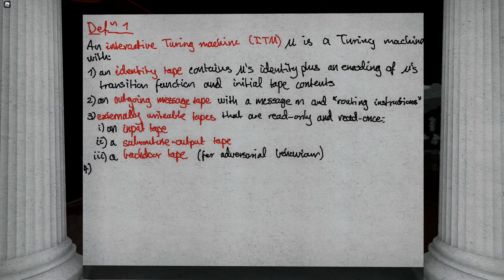Okay, another thing it has is a single bit that says whether the machine is currently active. So active means that the machine is computing something according to its transition function, and then when it sends a message, it will become inactive. So we have a tape that stores whether this is the case.